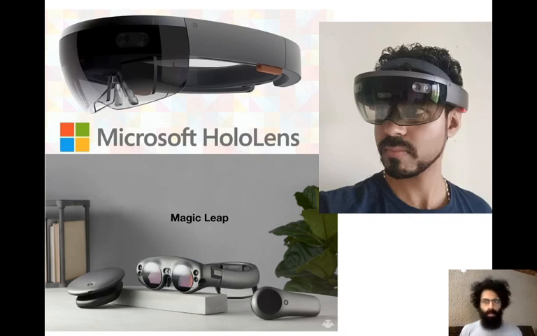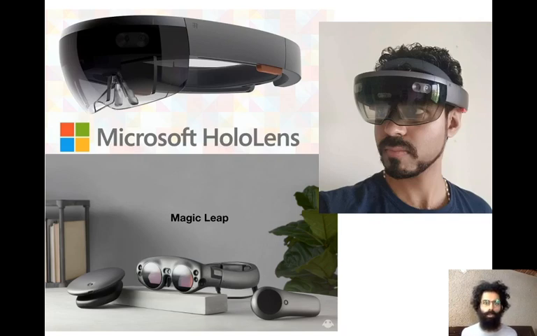So this device is called Microsoft HoloLens, and there is me with VR with HoloLens. The other device in the market is Magic Leap, and it's also in beta. HoloLens was first launched in 2015. In 2019, they released HoloLens 2, and both of them are only for developers.